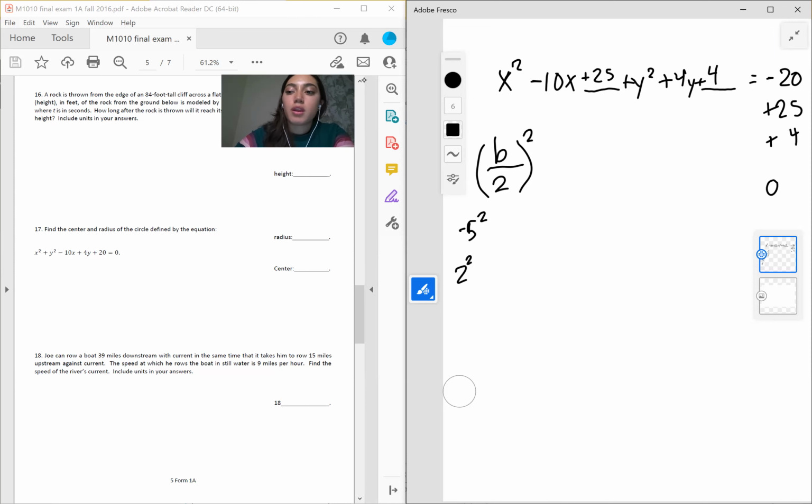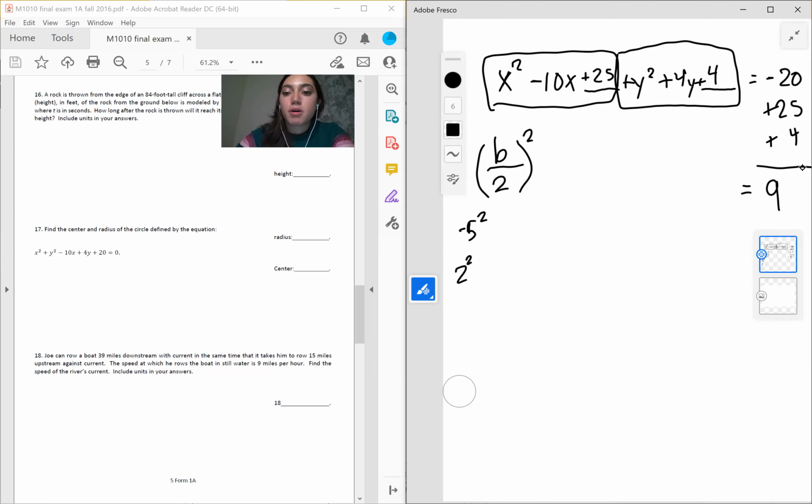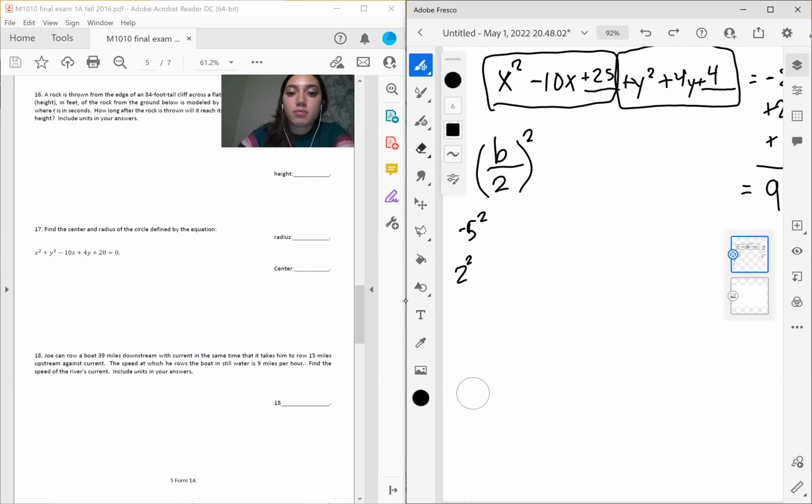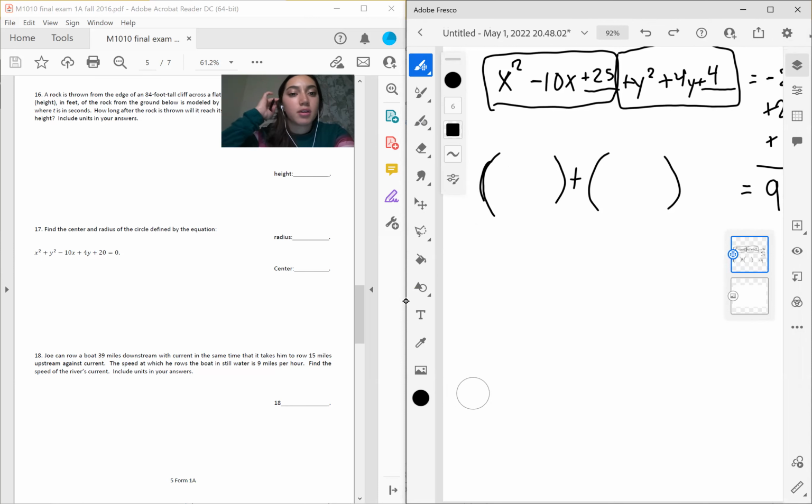9. Okay. So 9 equals, and then we can factor out these terms here, these polynomials. All right. So I'm going to erase some of this off to the side. Okay, so that will give us our perfect squares.